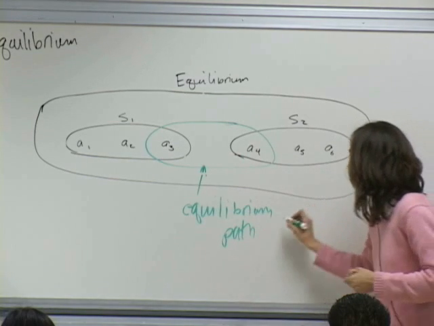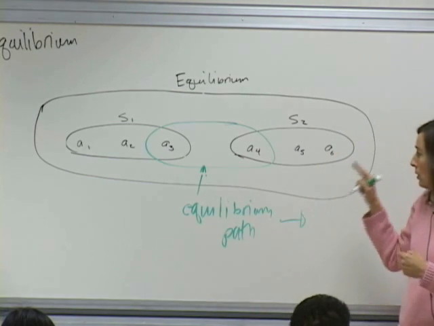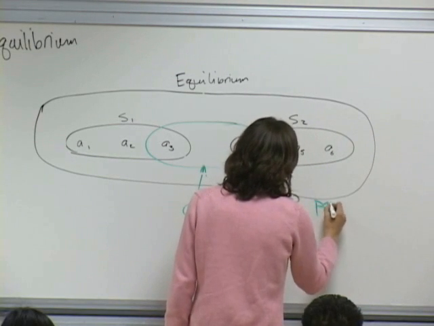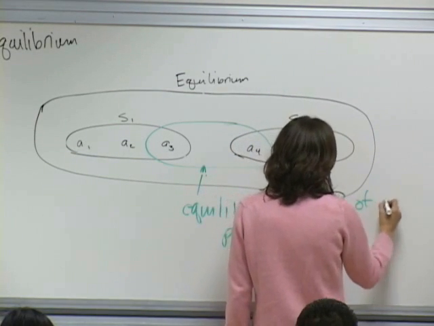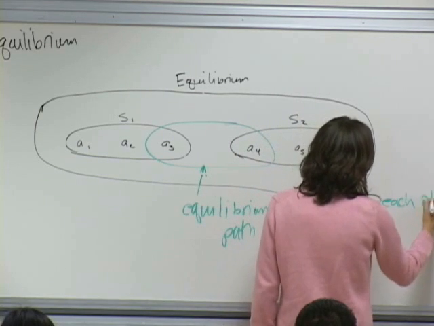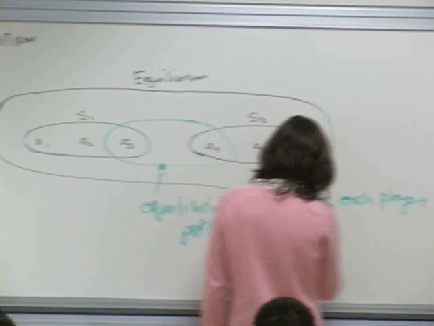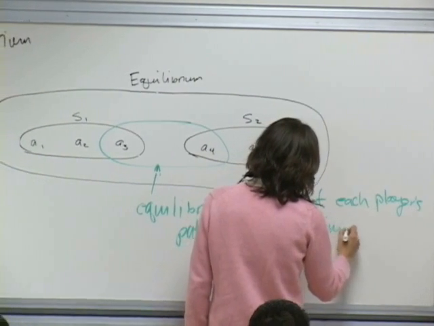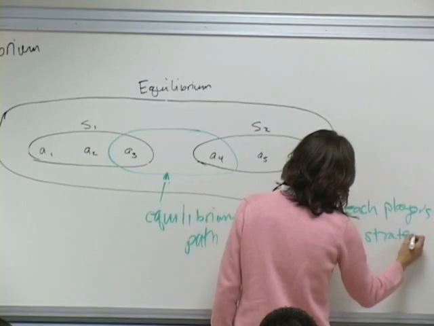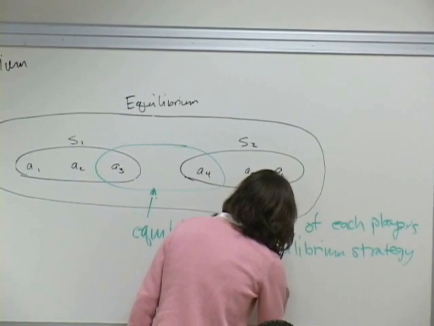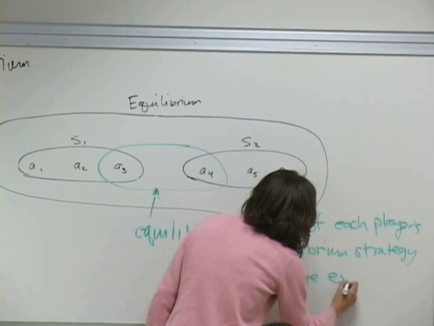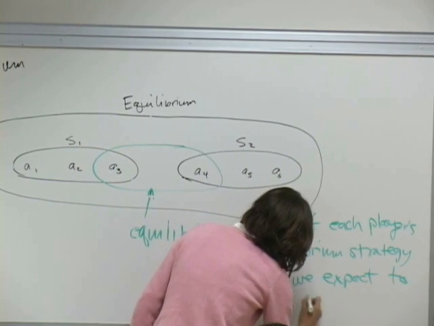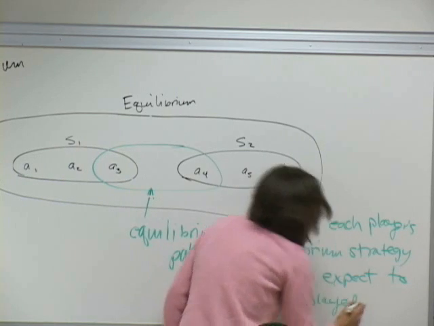One thing about the equilibrium path that I think is relevant for Lillian's question is it is the part of each player's equilibrium strategy that we expect to see played.